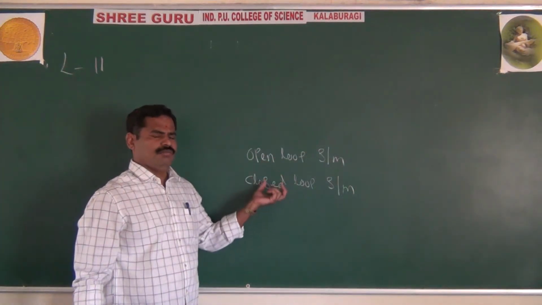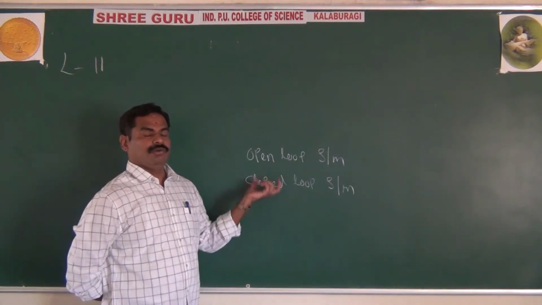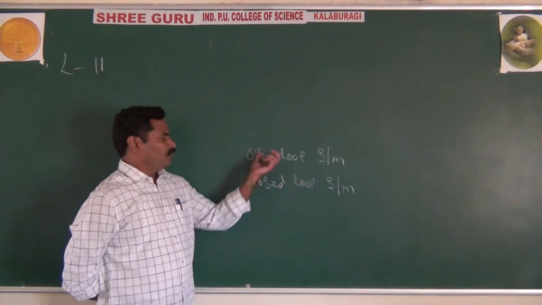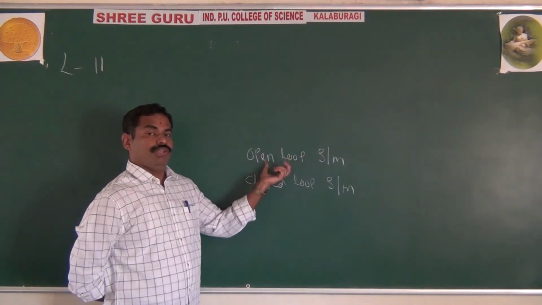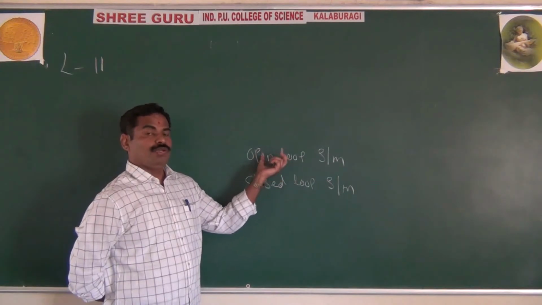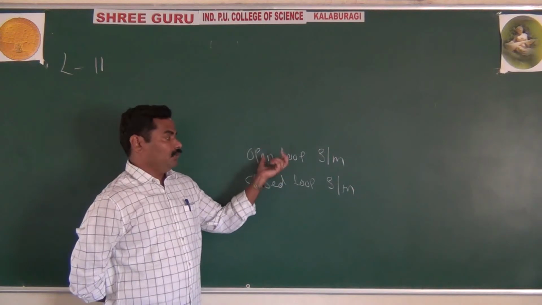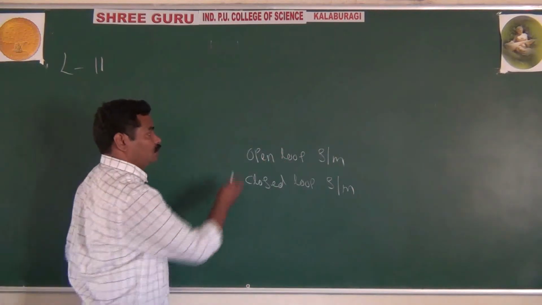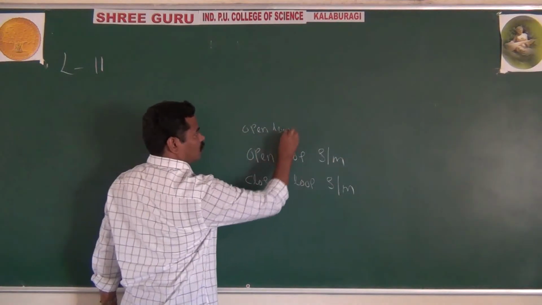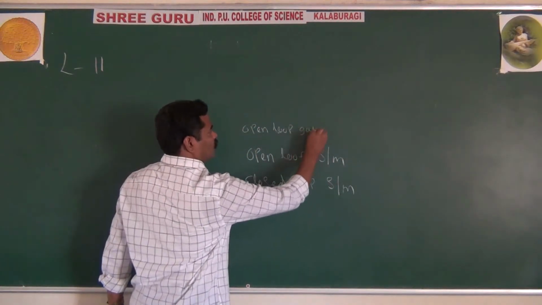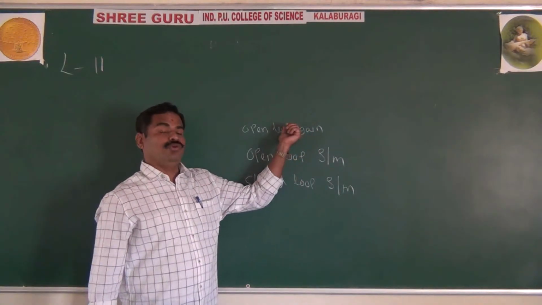Maybe I said this in the beginning of feedback amplifiers, or at the beginning of your operational amplifier. In an open loop system, you are not using any feedback. The gain without feedback is also called the open loop gain. Open loop gain is nothing but gain without feedback.